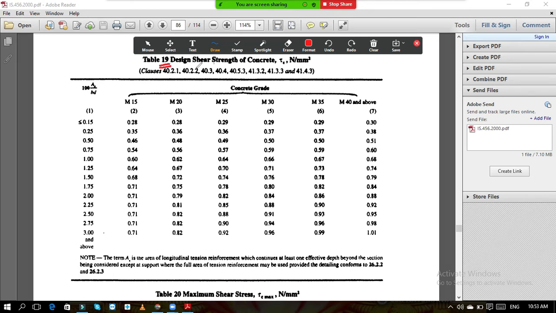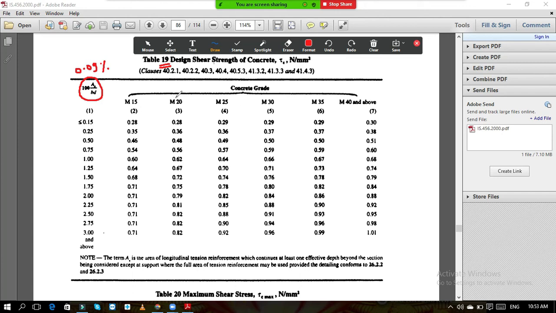Table number 19, design shear strength of concrete, that is tau C in Newton per mm square. Here, percentage of steel is given as 100 AST upon BD. So what is the percentage of steel now? It is 0.09%.